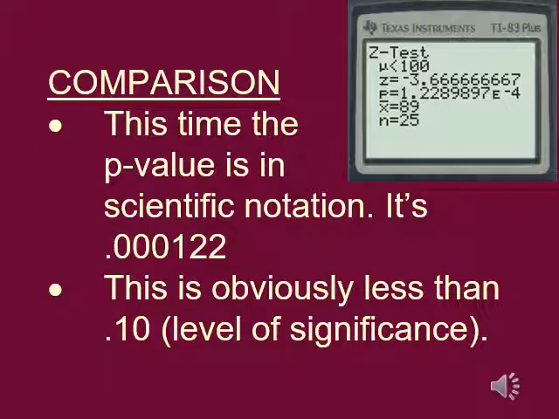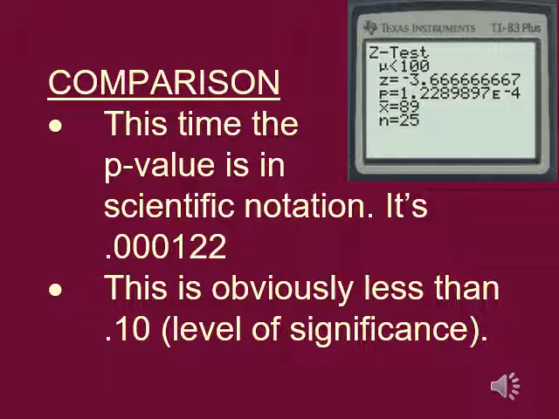I actually purposely chose this problem because in it, the p does go into scientific notation. What it says on the calculator is 1.2289897 e minus 4, which means I've got 1.2289, etc., times 10 to the negative 4th power. Basically, it's saying this is a decimal, and the 1 is the 4th place after the decimal point.